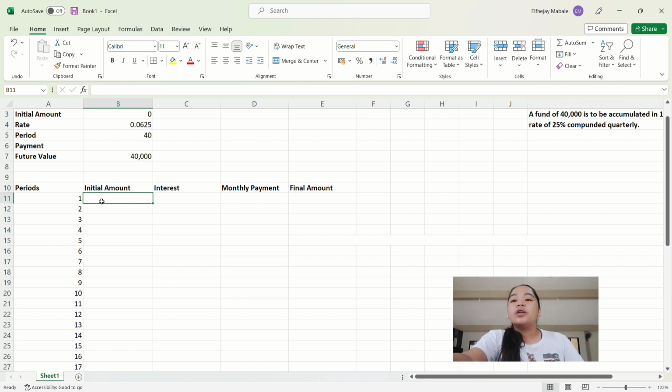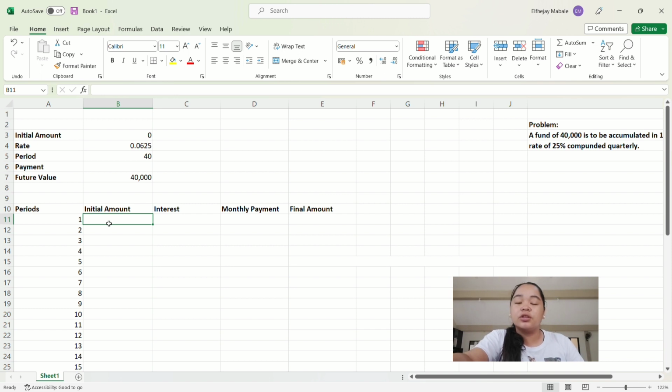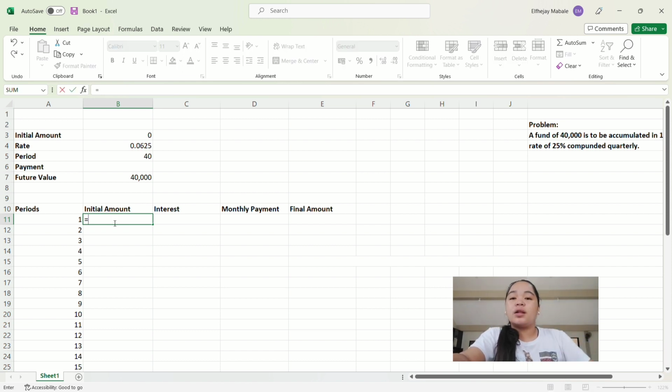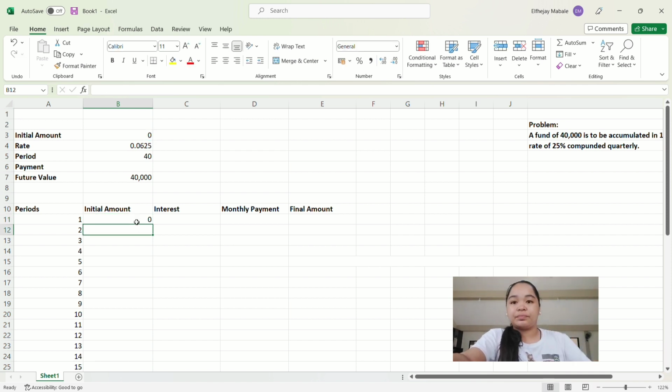Our initial amount in the first period is 0. So type equal and then click the initial amount, which is 0, and then enter.